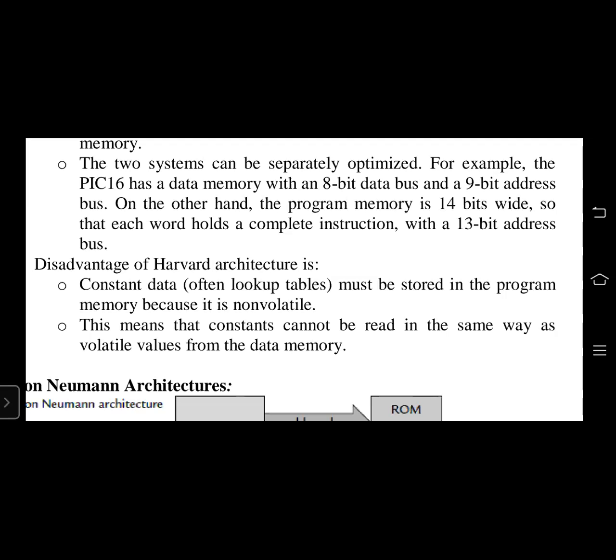So one word can hold a complete instruction. Why? Because it is 14 bits wide. So with those 14 bits, the entire instruction can be carried at a single time point, with a 13-bit address bus. So these are the properties given which you should remember.